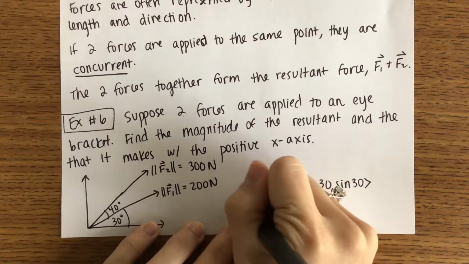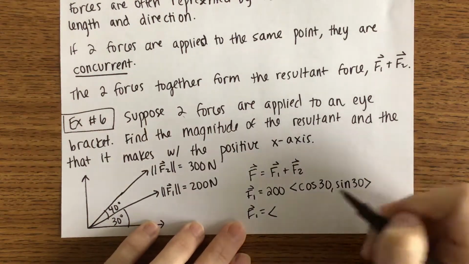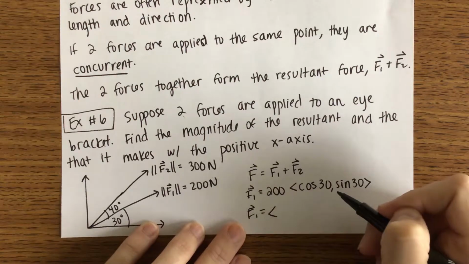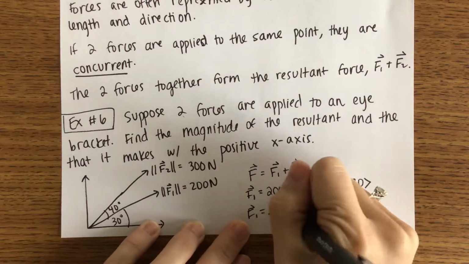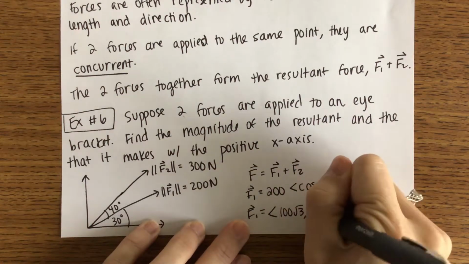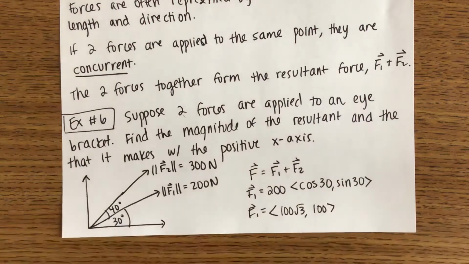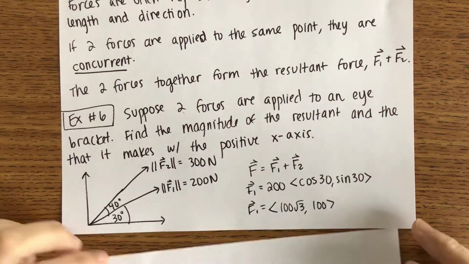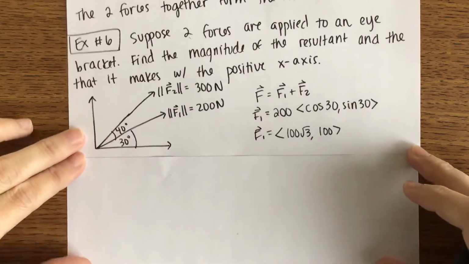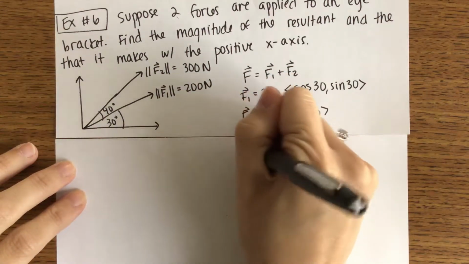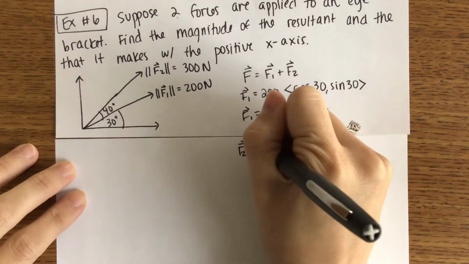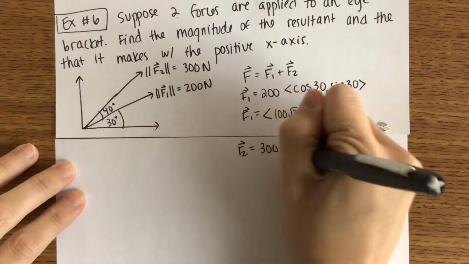So that first force then, cosine of 30, anyone? Square root of 3 over 2. So this will be 100 root 3, comma 100. Second force we're going to write in the same manner. Magnitude is 300.